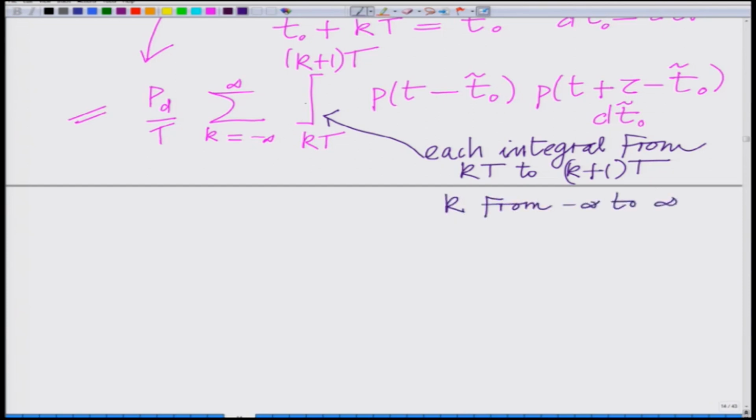So, we have a sum of several integrals, each integral going from kt to k plus 1 t, and k itself is going from minus infinity to infinity. Therefore, I can replace it by one integral going from minus infinity to plus infinity, that is the whole point.